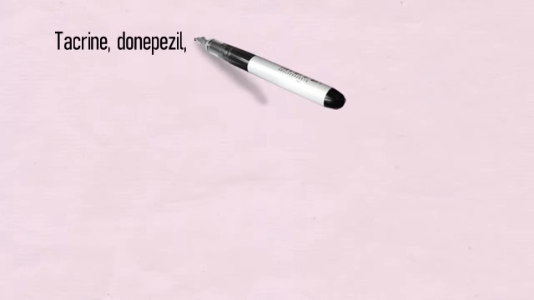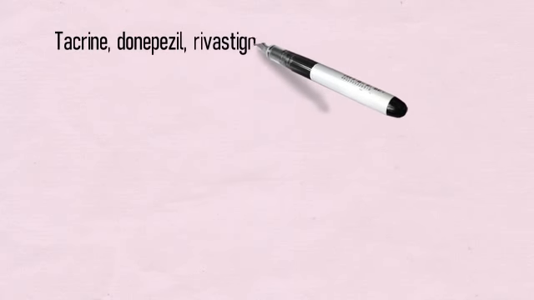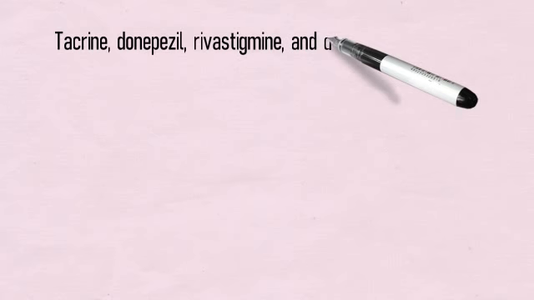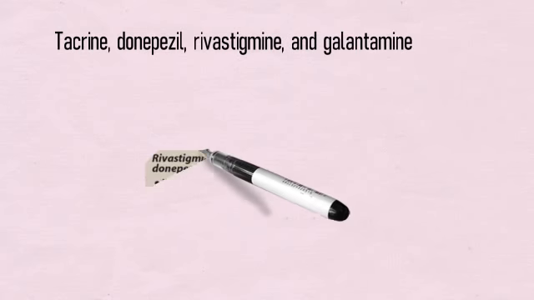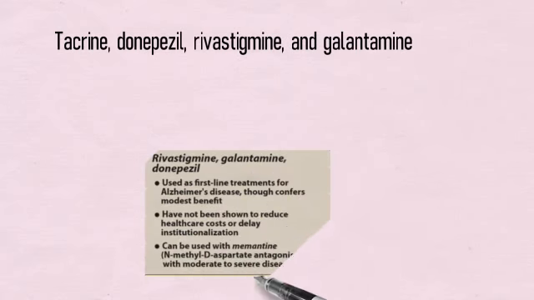And in this group we have tacrine, donepezil, rivastigmine and galantamine. These drugs are actually used for treating Alzheimer's disease. Very briefly, you have to keep in mind that in Alzheimer's disease, patients have a deficiency in their cholinergic neurons in the CNS.